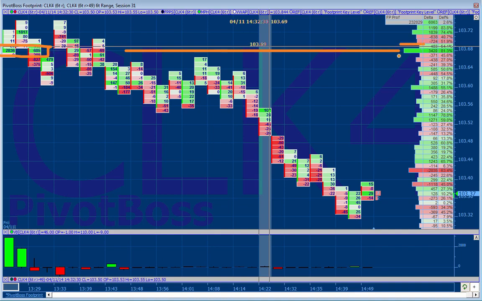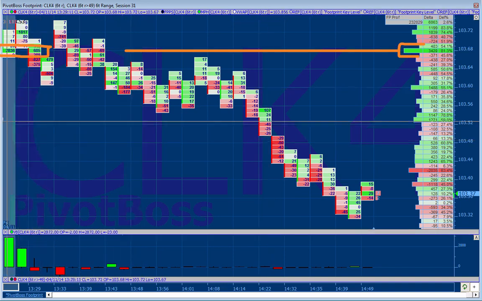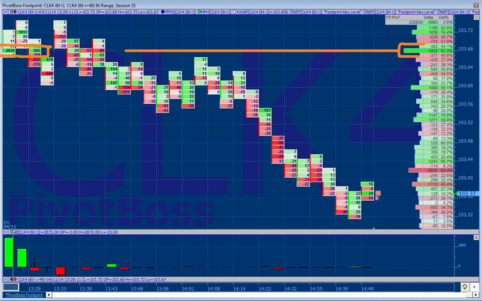That shows you a visual representation on the screen that there's a buyer right there, or a collection of buyers, or whatever the case may be, and that is their position. They're long from here.